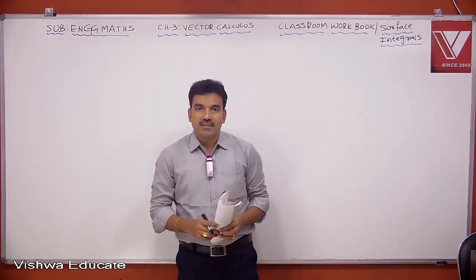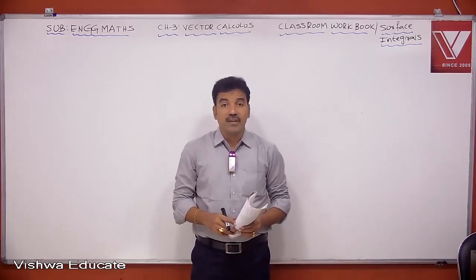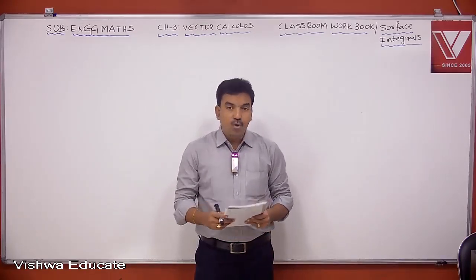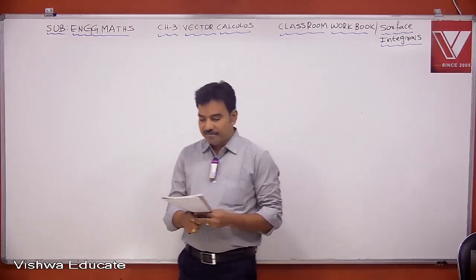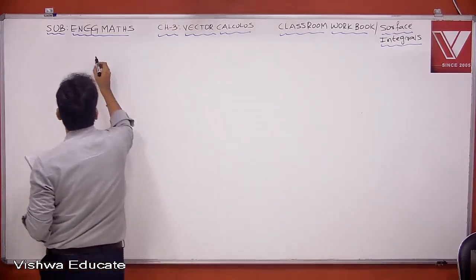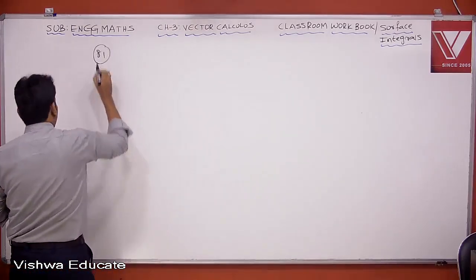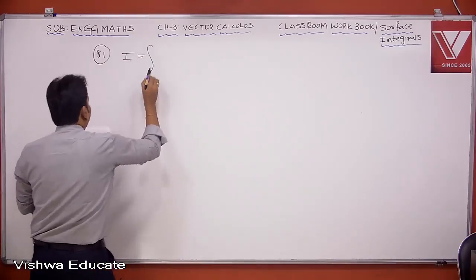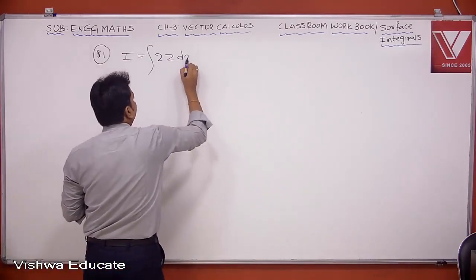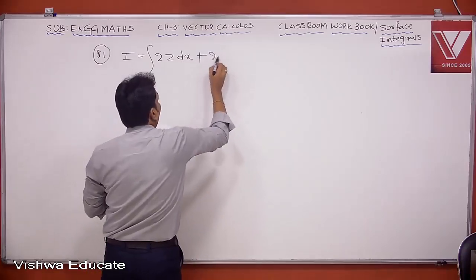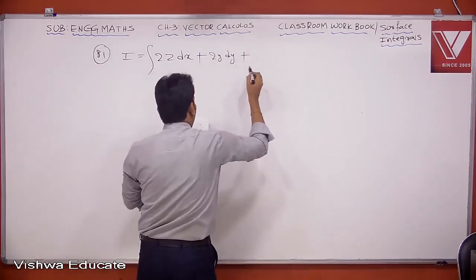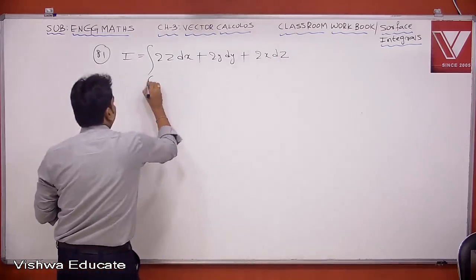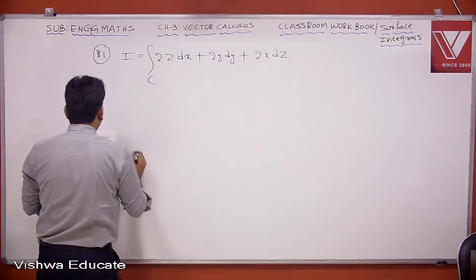Okay. So let us start the session with the classroom workbook based on line integrals from question number 81. Go through question number 81. Let I equal the integral of 2z dx plus 2y dy plus 2x dz over C. Now what are x, y, z?